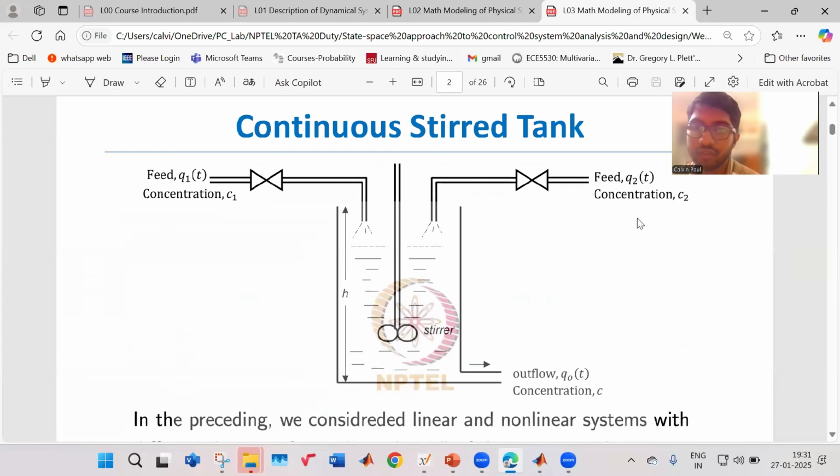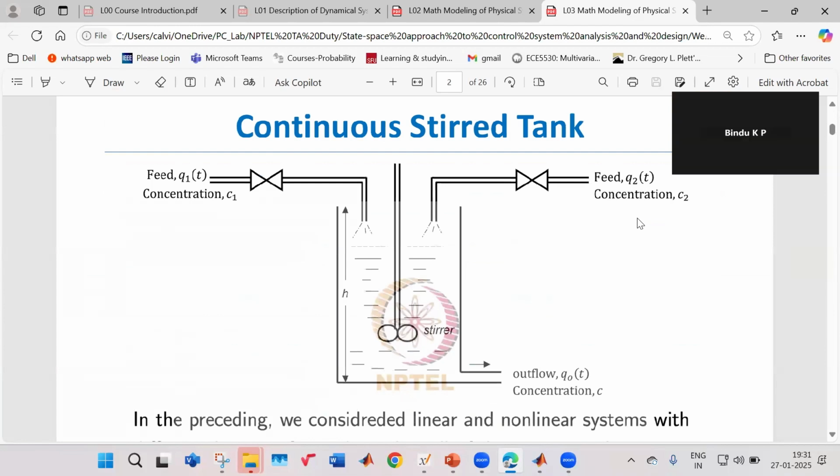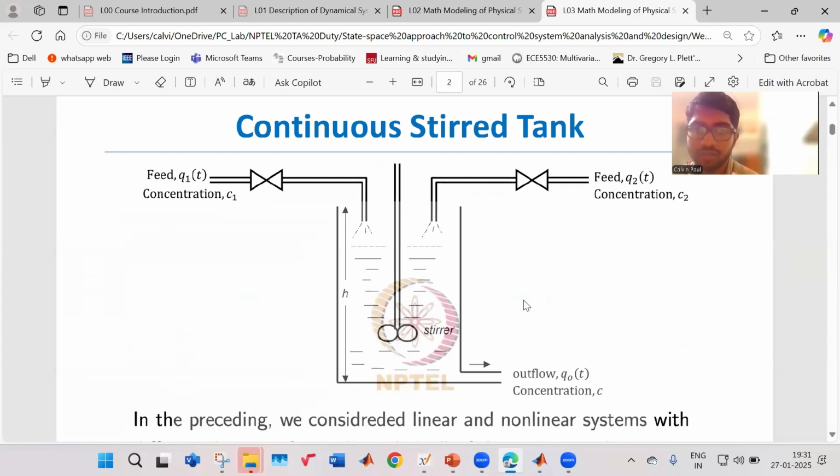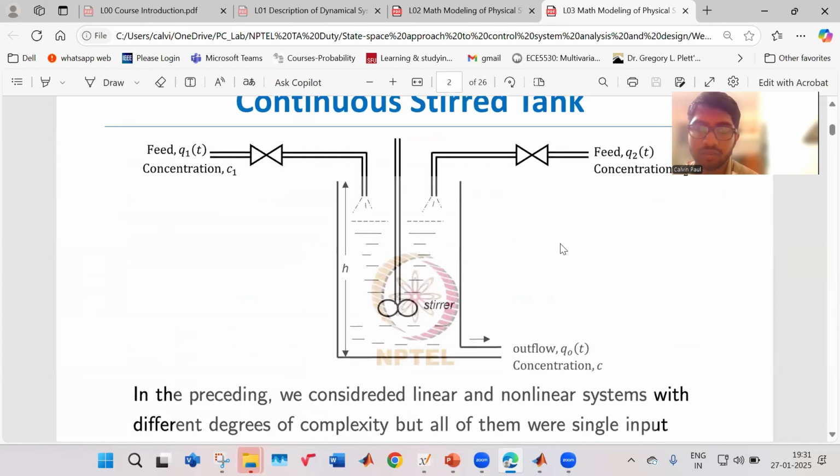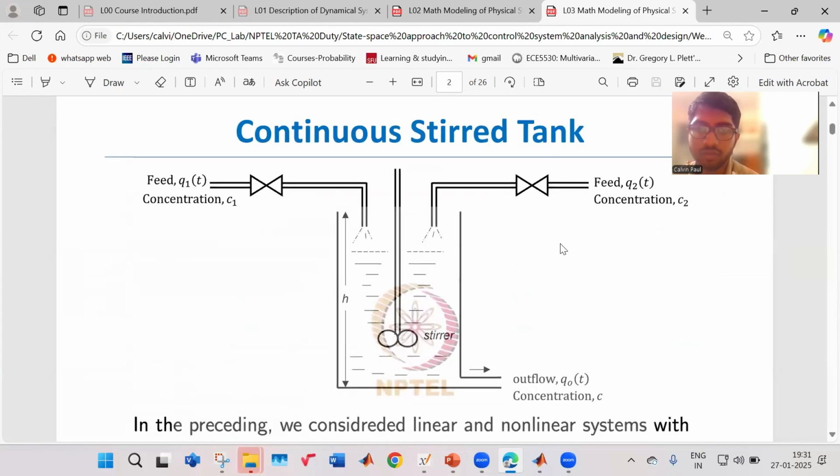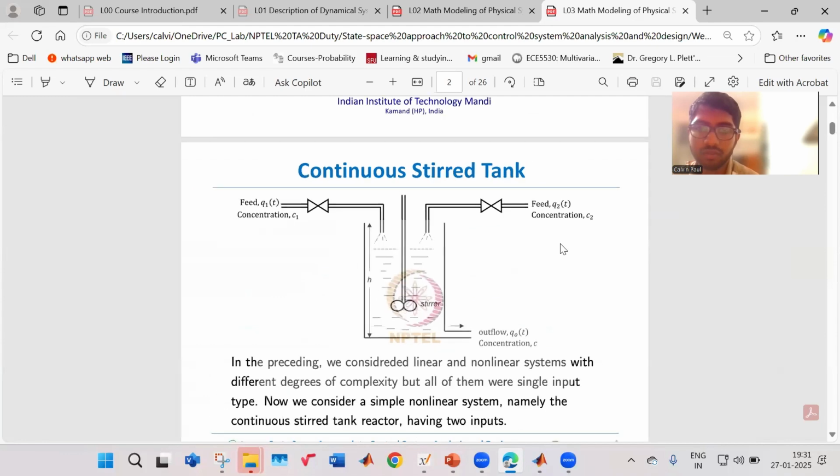Another thing, which department are you from actually, Bindu? Sir, I am from the mechanical engineering department, but my MTech is in instrumentation and control systems and my BTech is in electrical and electronics. Since I am doing my PhD work in robotics, my research is under the mechanical engineering department.